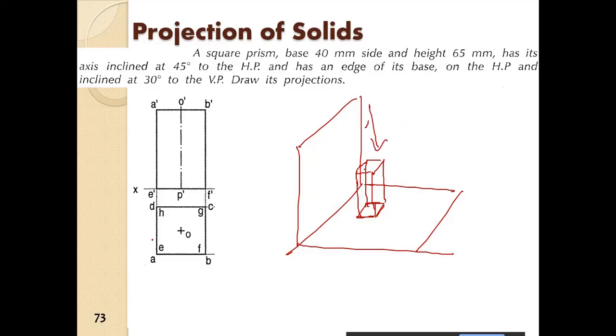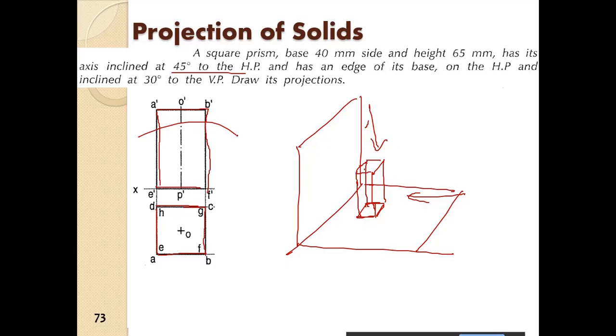So that is what we are doing. Top view, we draw the top view first. So this is the top view. And the front view. So first, has its axis inclined at 45 degrees to the HP.